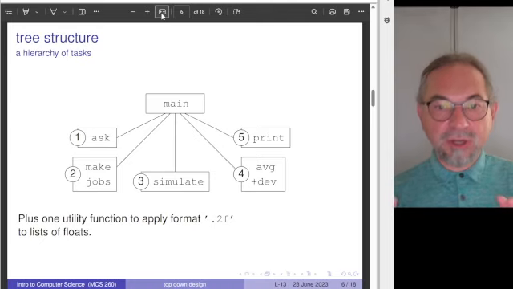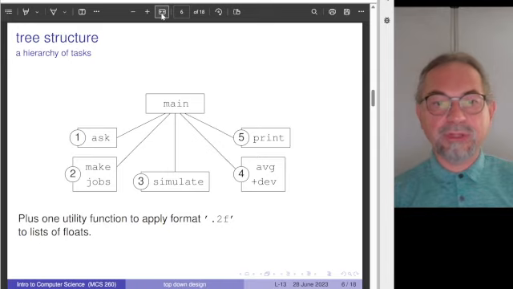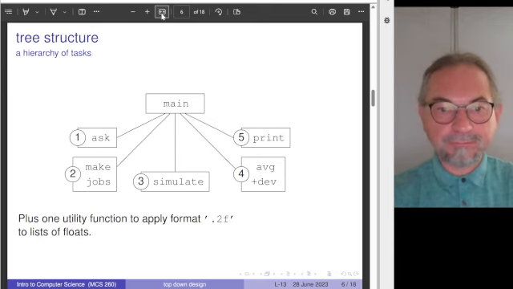Another motivation is that, even if the code is rather small, you can group the instructions that occur frequently throughout your program into what I would call a utility function or a helper function that would format the numbers.